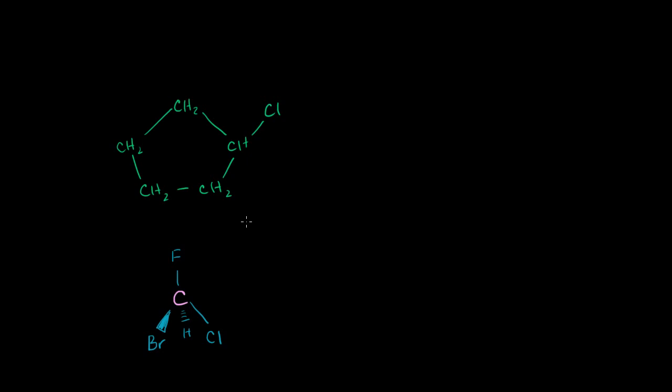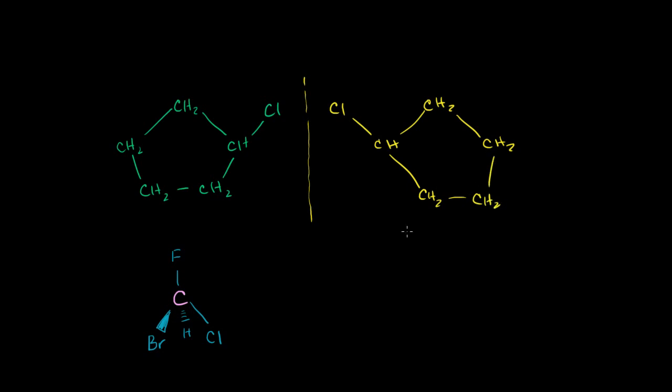So to see that it's not a chiral molecule, there's a couple of ways you could think about it. The easiest way, or the way my brain likes to think about it, is just to think about its mirror image. Its mirror image will look like this. So if that's the mirror, you would have a chlorine, and then you have CH, CH2, CH2, and then you have a CH2, CH2, and then you complete your cyclopentane.